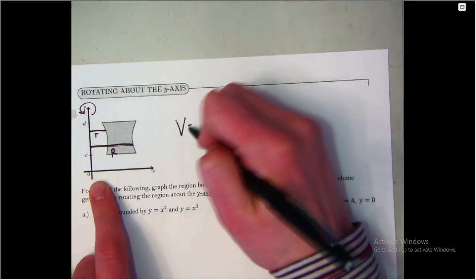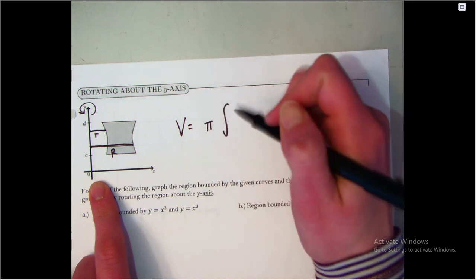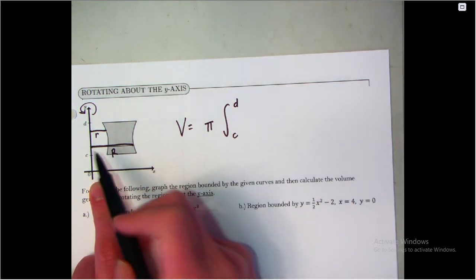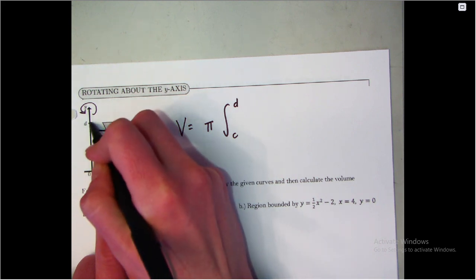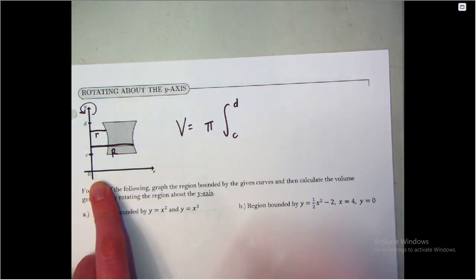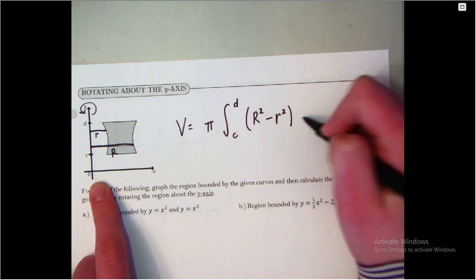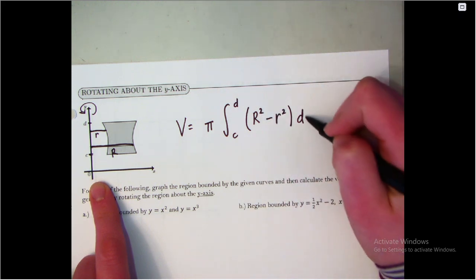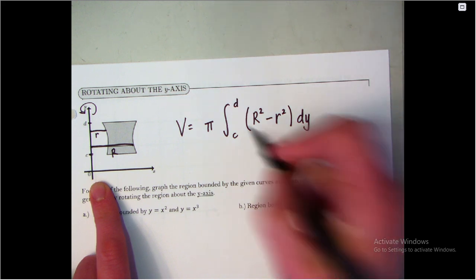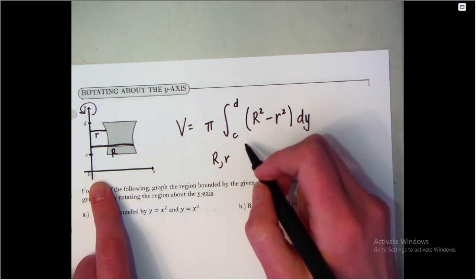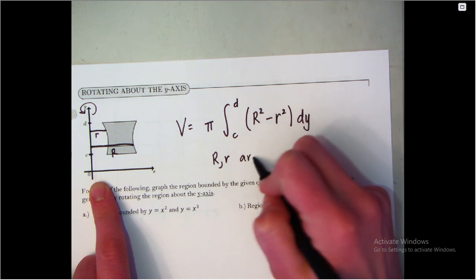So my volume would be pi times the integral. We'll say from C to D. If you look in this picture, they've used C to represent the lower bound and D for the upper bound. And again, capital R squared minus lowercase r squared times, this time, dy. And also this time, R, and including C and D as well, are all going to be in terms of y.